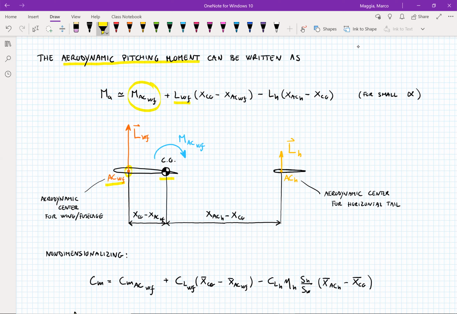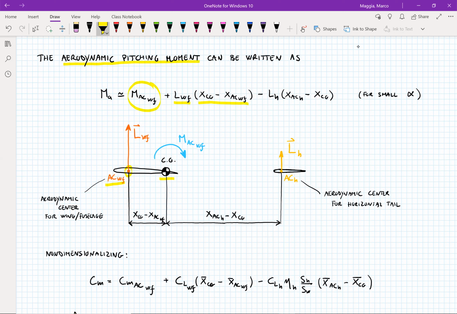The moments are still expressed with respect to the center of gravity. Therefore, we have LWF, the magnitude of the force, times the distance between the center of gravity and the aerodynamic center for the wing and the fuselage.